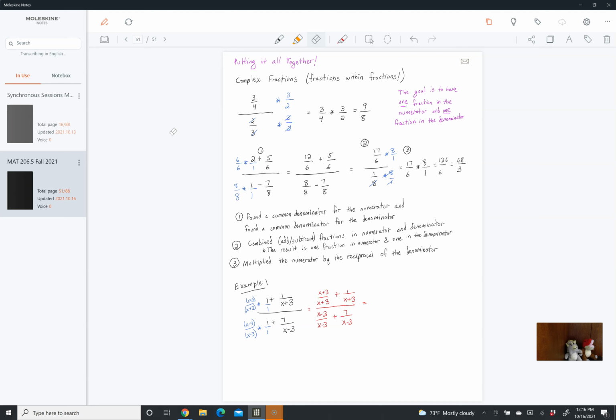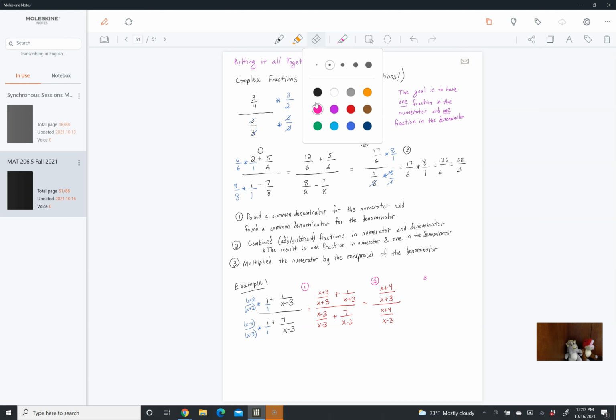And now this is where step 2 comes in, when we combine our like terms. So x plus 3 plus 1 is x plus 4 over x plus 3. And then x minus 3 plus 7 is also x plus 4 over x minus 3. So this is our step 1, really both of these together. This is our step 2.